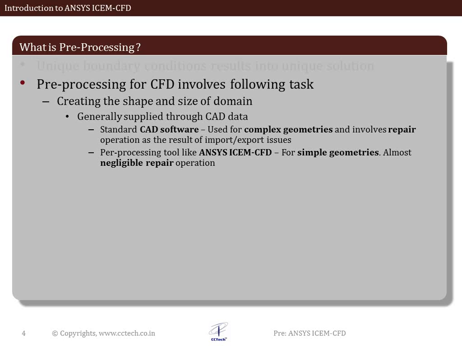Due to the limited geometry modeling features available in ICEMCFD, it is mainly used to create simple geometries. In case of complex geometries, standard CAD software is used, which can generate a complicated CAD model within a short time. But this comes with its own limitation and requires considerable CAD repair.